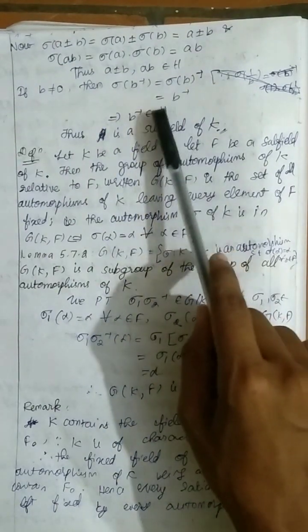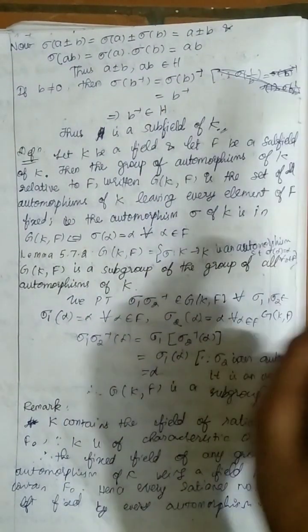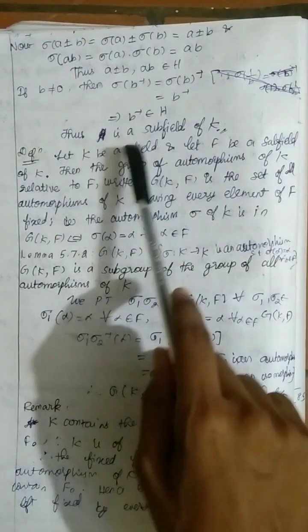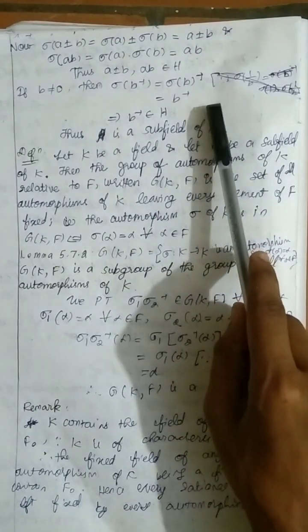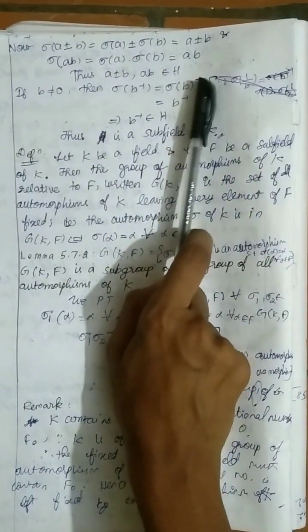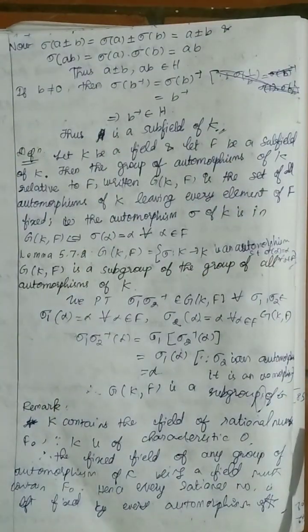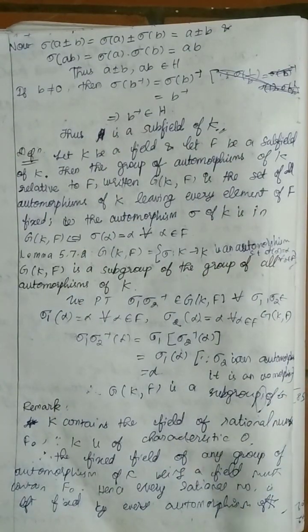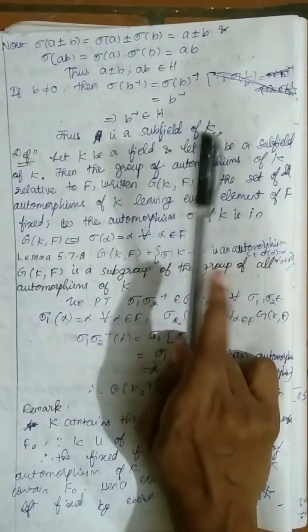So I can very well say that B inverse belongs to H. Thus, with the help of this, I can say that H is a subfield of K, right? Why? Because B inverse belongs to H, AB belongs to H, and A plus or minus B also belongs to H.